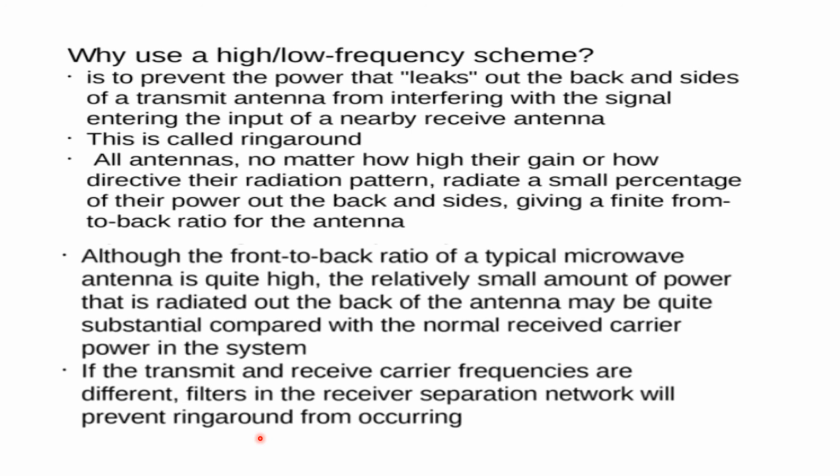But otherwise, this arrangement provides a high degree of synchronization, and the advantage is that it prevents both ring around as well as multi-hop interference. So in this section, we have discussed the block diagram for a microwave radio IF repeater and a brief explanation of why we use two different RF carrier frequencies for a single IF repeater system.